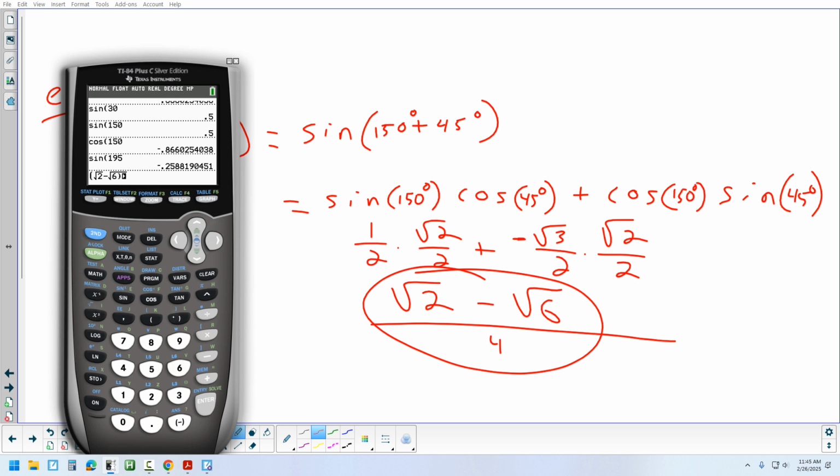And then divide that by 4, you get, it's a rough day. Let me type it in again. Square root of 2, minus the square root of 6, close that, there we go. You get the same thing. It's a lot of parentheses to type in.